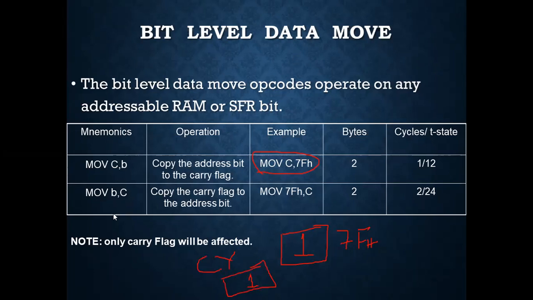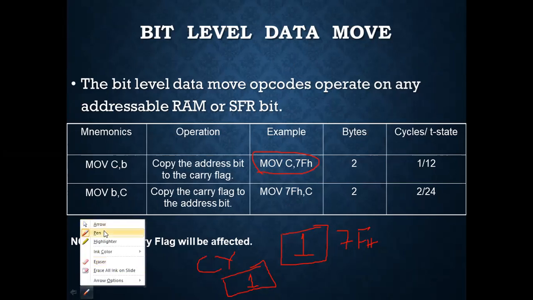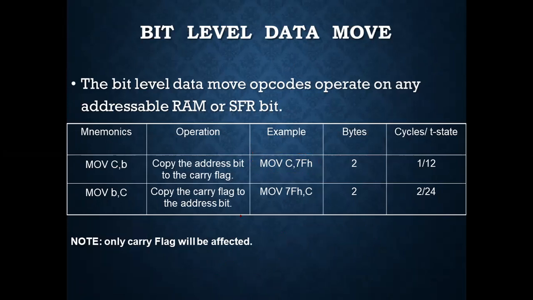Similarly, in the reverse case, we copy the carry flag content. Suppose the carry flag content is 1, then the content of the carry flag will be moved to the 7FH memory location.